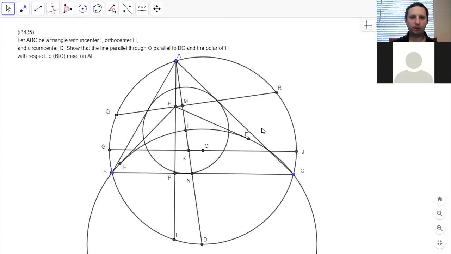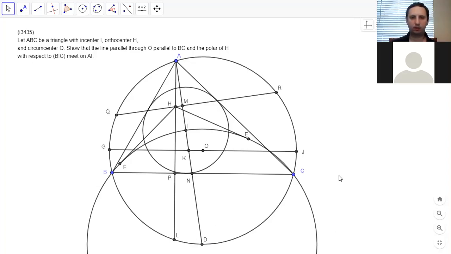So we want to show DK times DM is DI squared. So that would mean that H would lie on the polar of K, so K would lie on the polar of H. Should we do inversion about this circle with center D and radius DI?